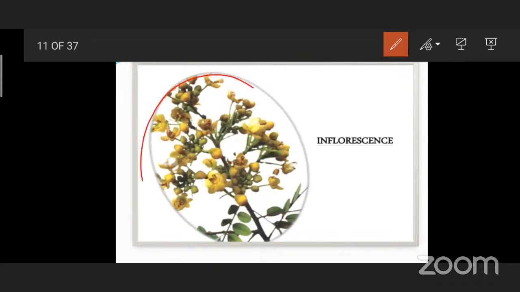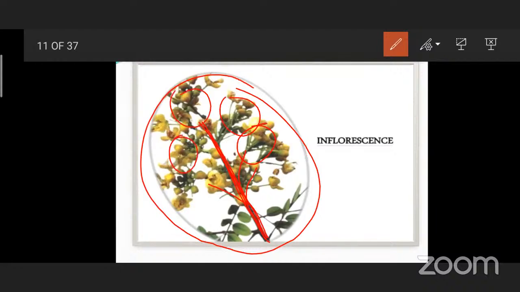A group of flowers borne on a common axis is known as inflorescence. See here, this is the main axis. The main axis has branches, and they bear the group of flowers. This is known as inflorescence.